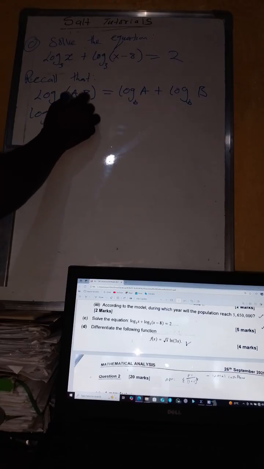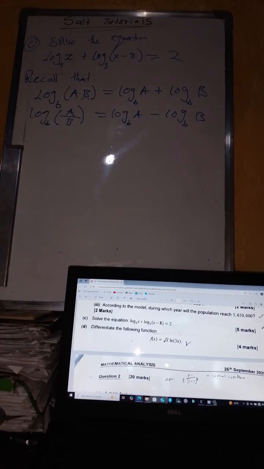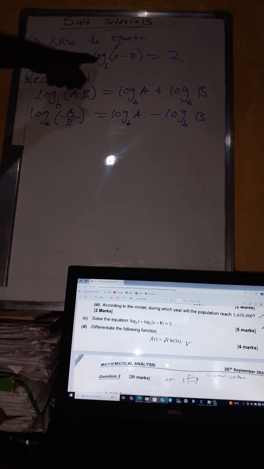If the input was a divided by b, then this becomes log base b a minus the log base b b. So this is what I'm going to use. I'm seeing the same bases here, base 3, but different inputs. It means this came from a multiplication.